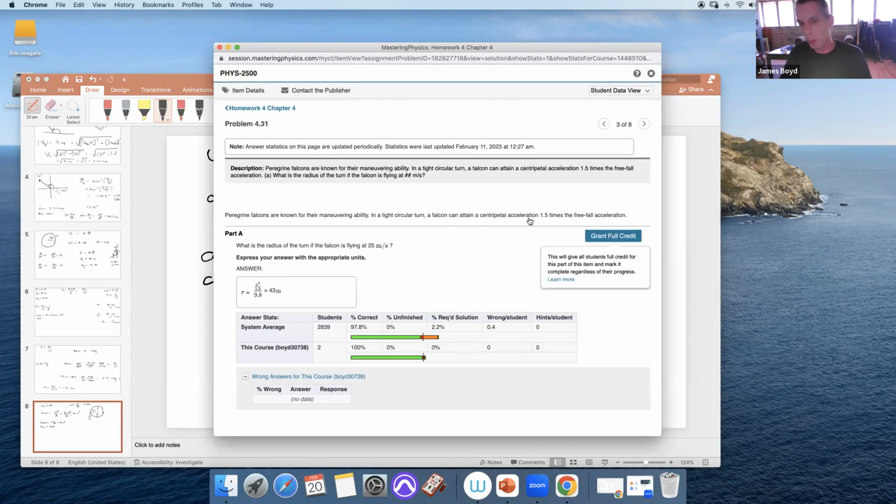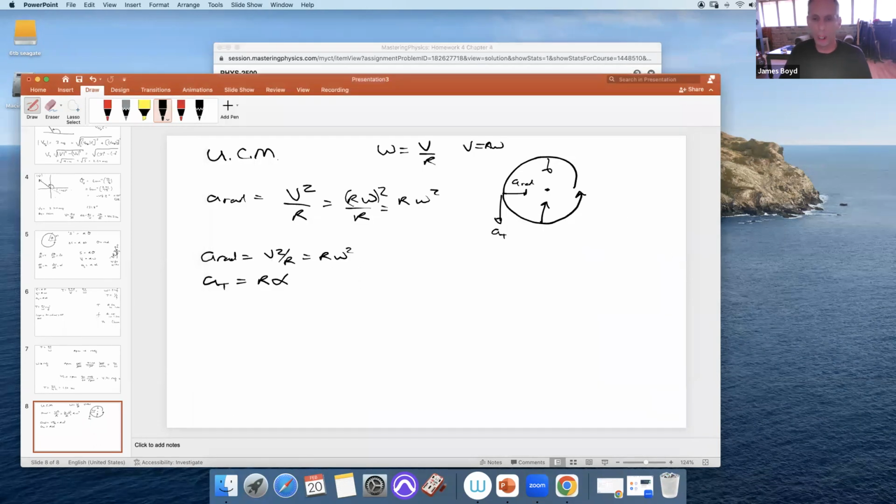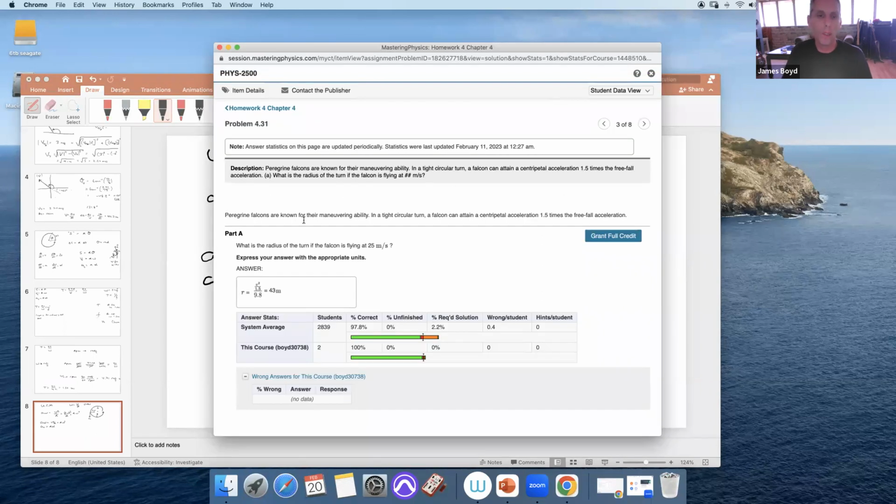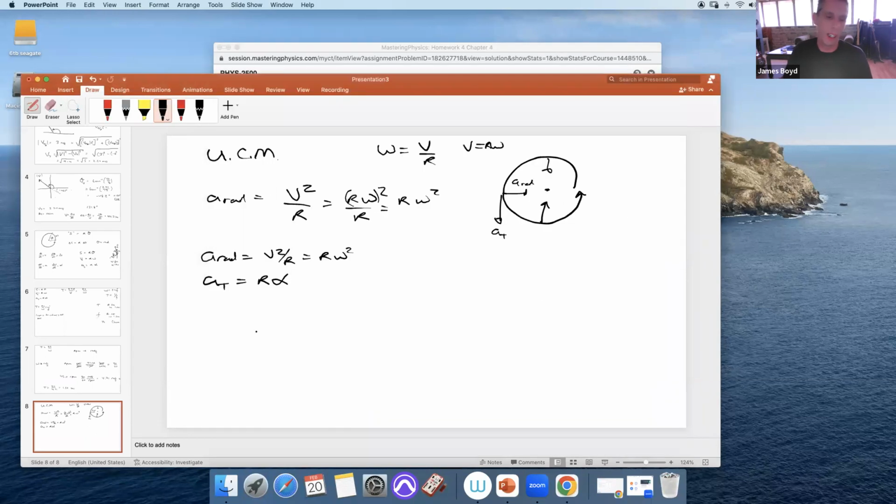So the centripetal acceleration is a radial, and it's called radial because it points to the center. Lastly, since a_rad is v squared over r, and T is 2 pi r over v, if we solve this for v, it is 2 pi r over the period.